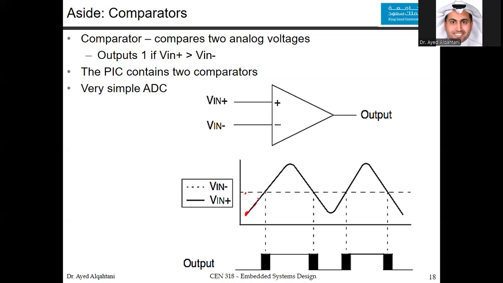It's always less than that here, so we have it as 0. Similarly here and here, and as well here, so it's actually 0. For the other regions, this region and this region, it is 1, because Vn plus is larger than this dotted line, which is the Vn minus.